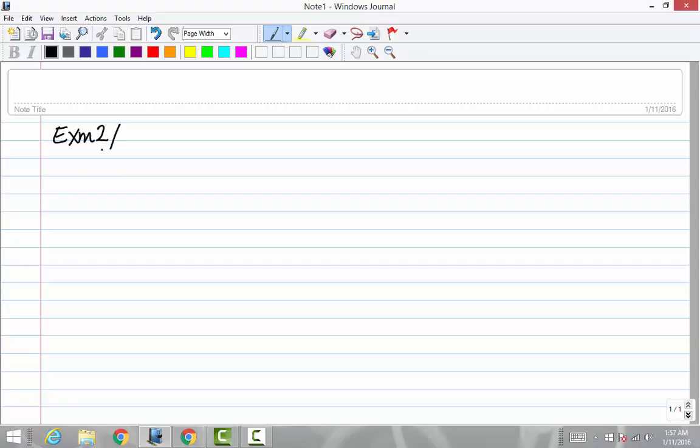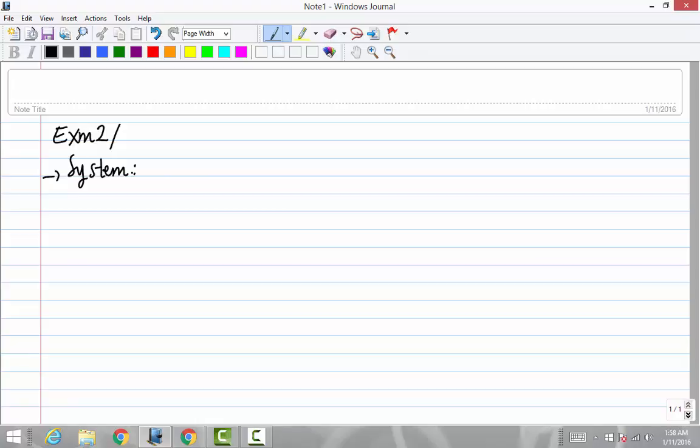Example number 2. As we know, in the beginning, we need to specify our system. What are we going to talk about? As we saw in the text, it's all talking about a piston cylinder. It's closed, and there's water in it, and then the water evaporates.